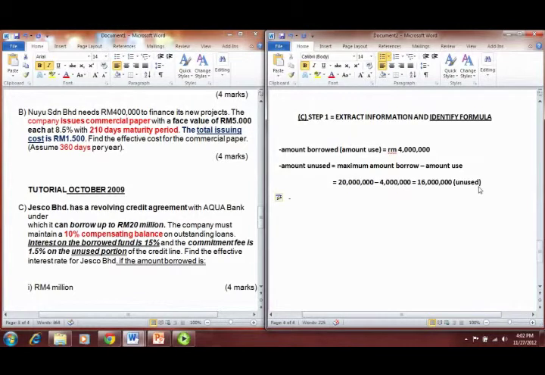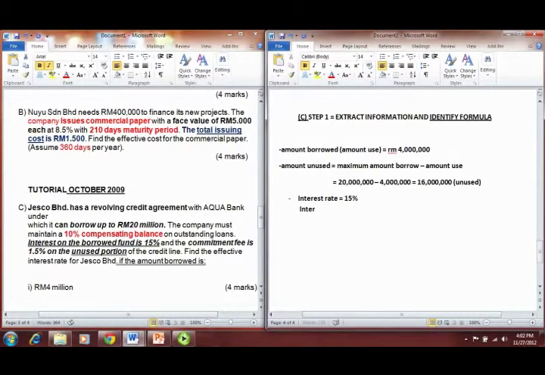Okay, class. Next. Yes, this is your interest rate. It equals to 15%. After this, I told you when the question gives you the interest rate, it can be in percentage or RM. So you need to calculate your amount of interest.